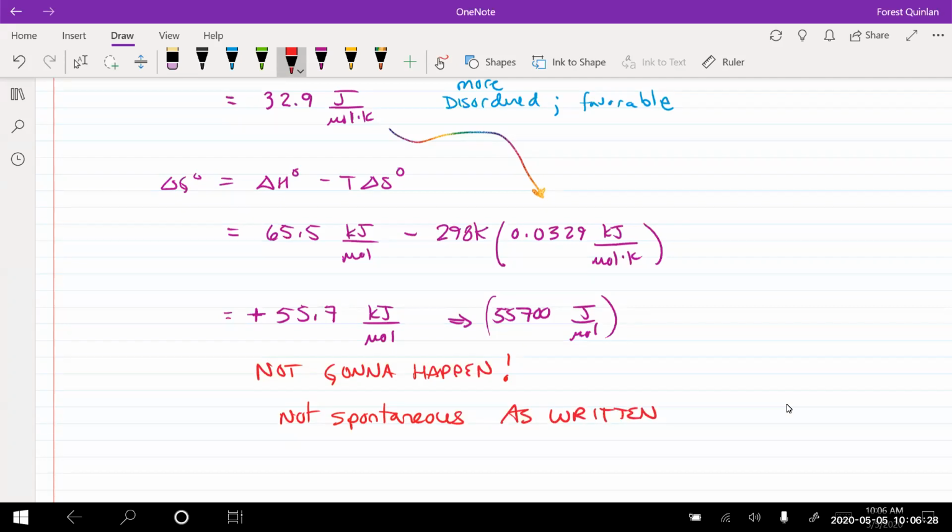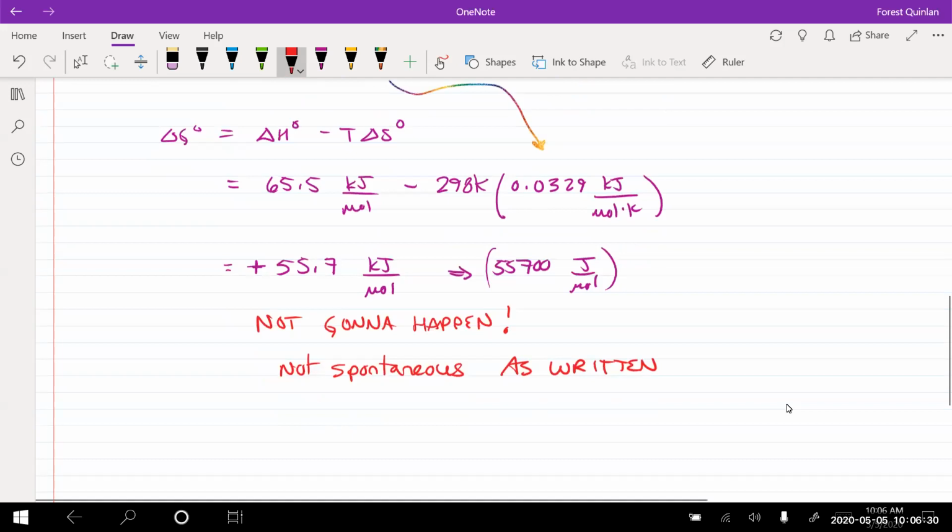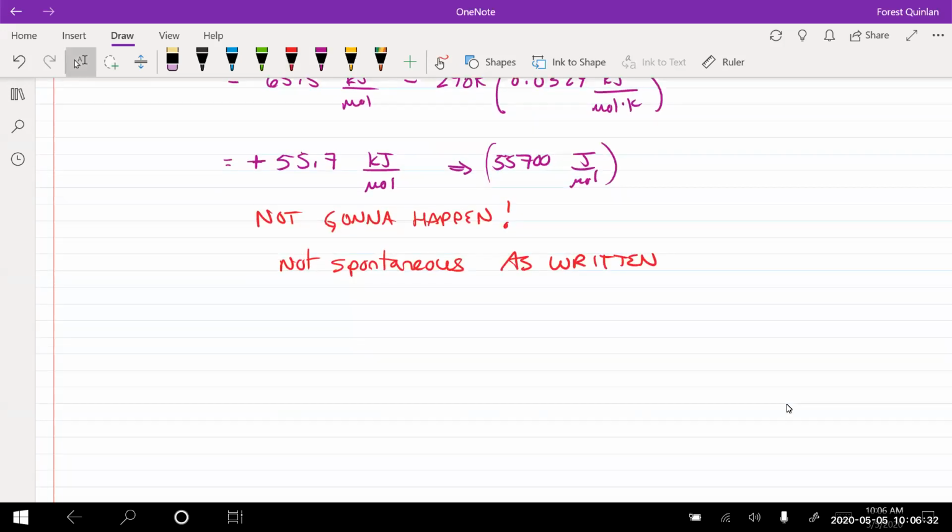So what does that mean? The other direction is. Yes, it is going backward. That is a spontaneous direction.